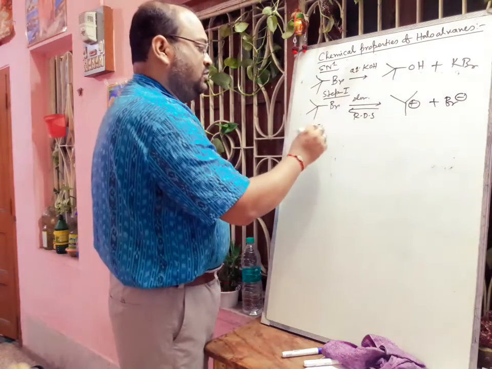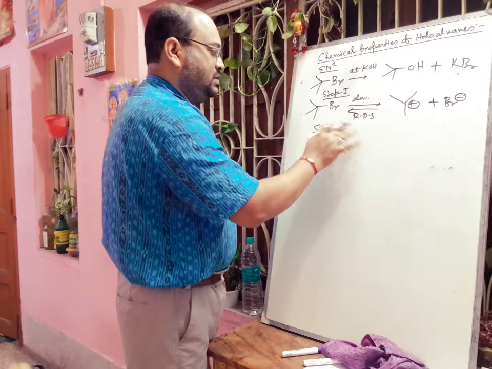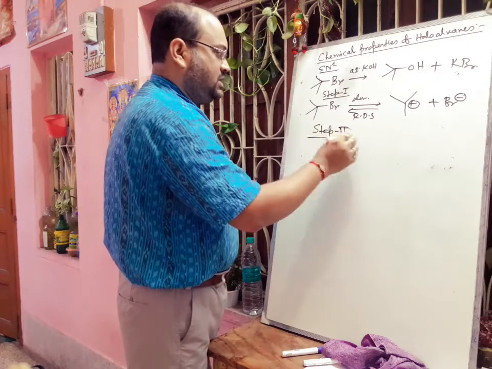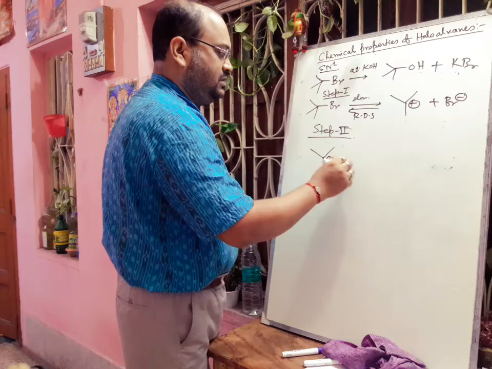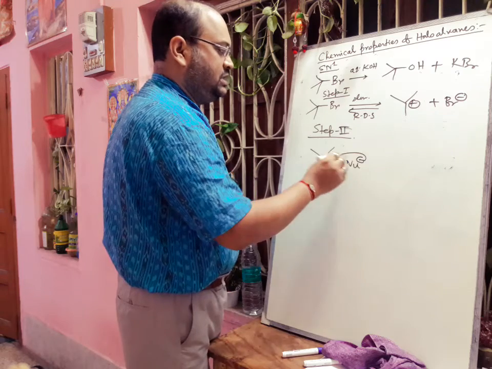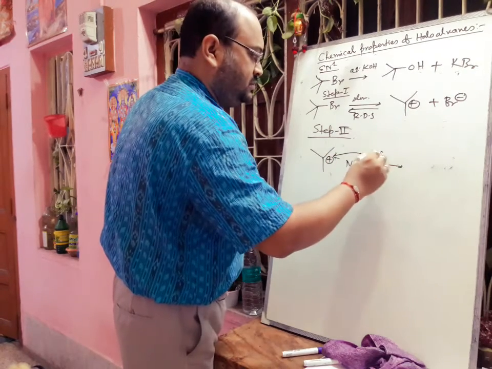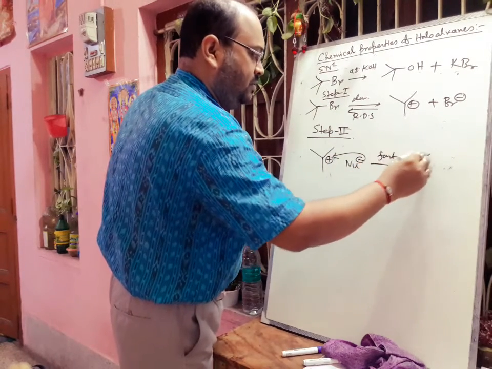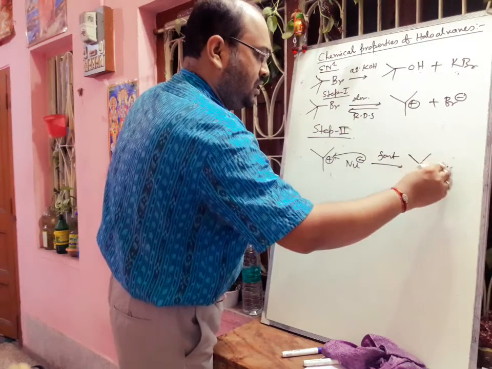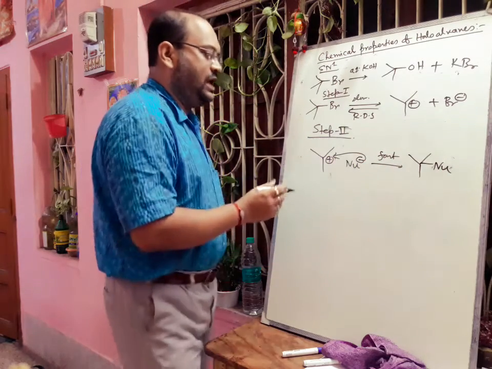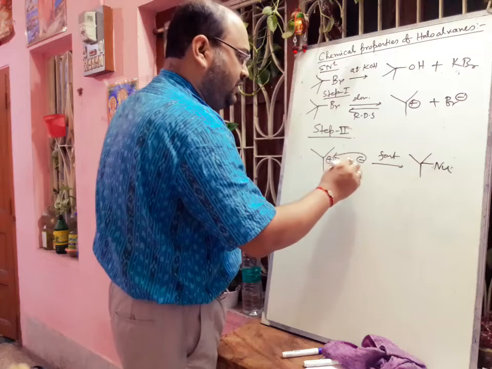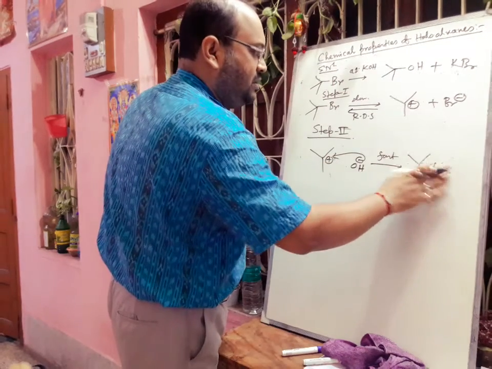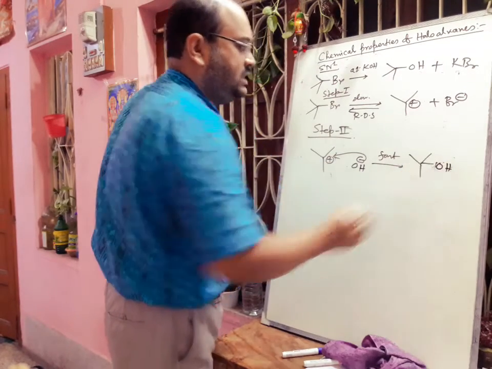Next in step 2, nucleophile will be added to this carbocation and forming our desired compound. So here the nucleophile is OH minus, so I am writing here OH minus. So here is formation of alcohol, tertiary alcohol.